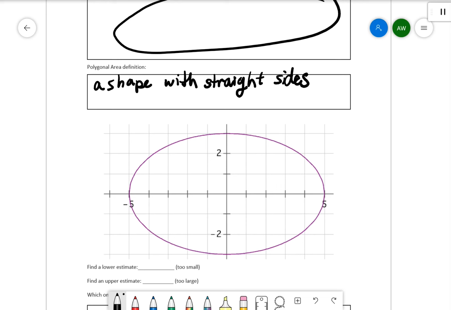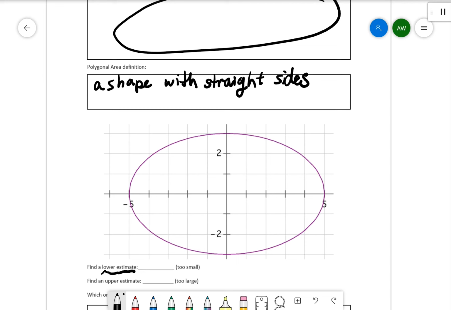So we're going to take a shape that we know how to find the area of, and we're going to put it inside this one to estimate what the area actually is. So a lower estimate, remember when we did a lower estimate before, we were looking for a shape that's smaller than our actual shape, right? Lower estimates are always too small. So what we're going to do is put a shape inside of this.